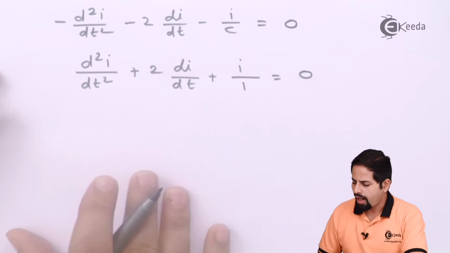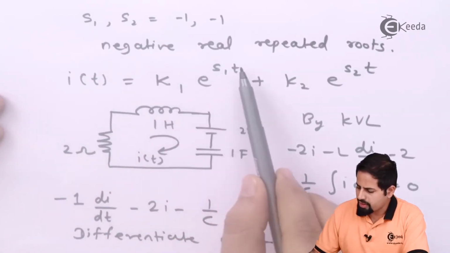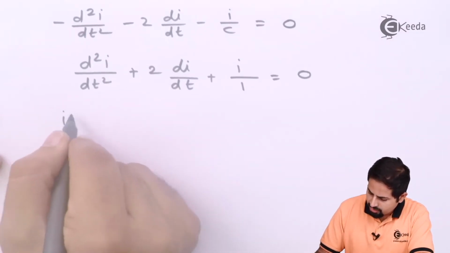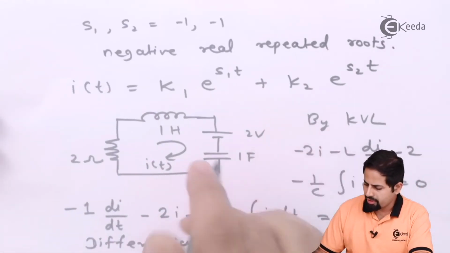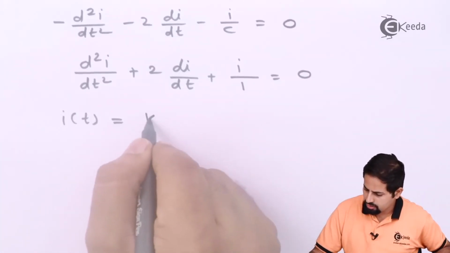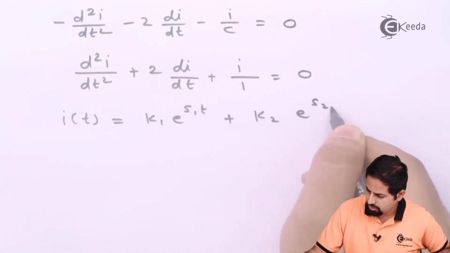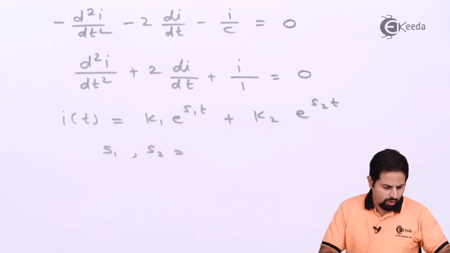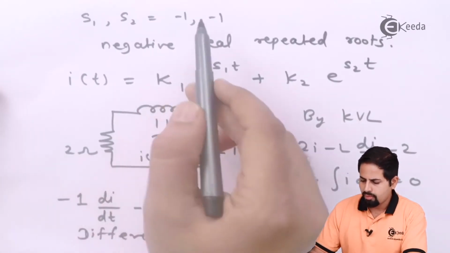So this is our differential equation: d square i by dt square plus 2 di by dt plus i equal to 0. For this equation we have already written the solution, i of t is equal to k1 e raised to s1 t plus k2 e raised to s2 t. We have already got the values of s1 and s2, and both are minus 1.